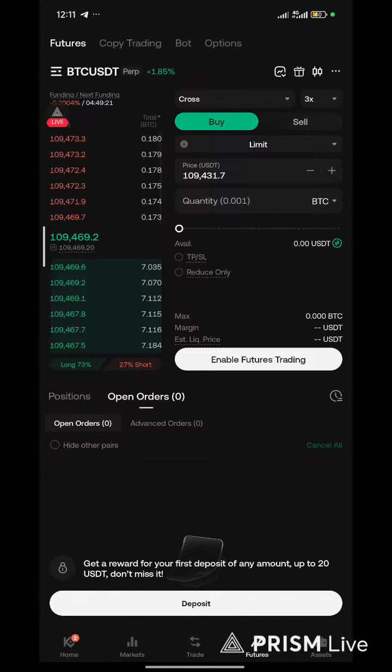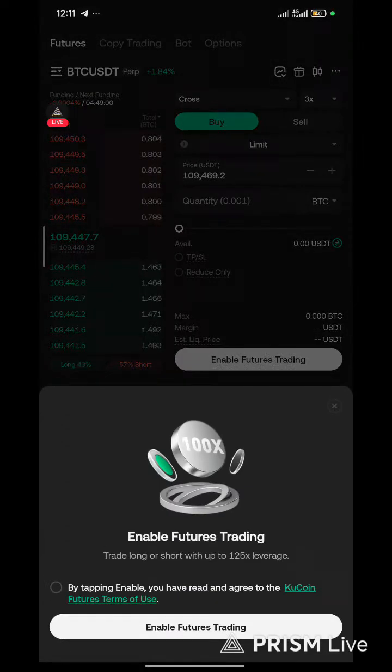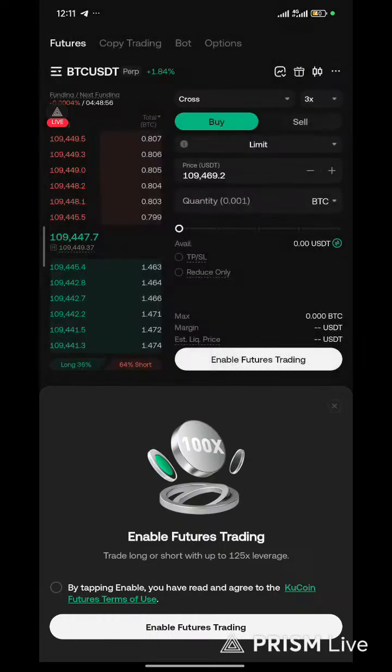So for now, let's enable futures trading. You need to read the futures terms and services.